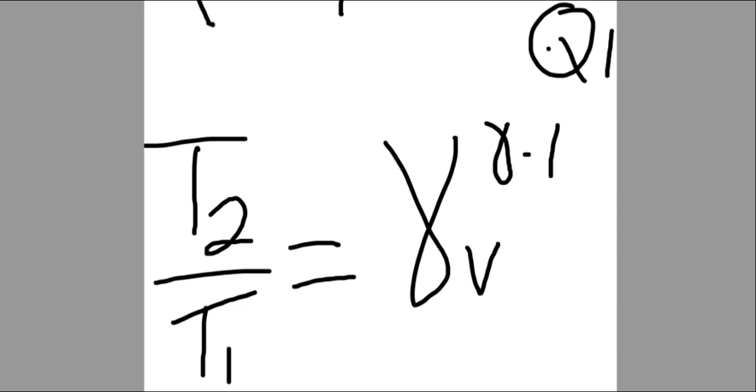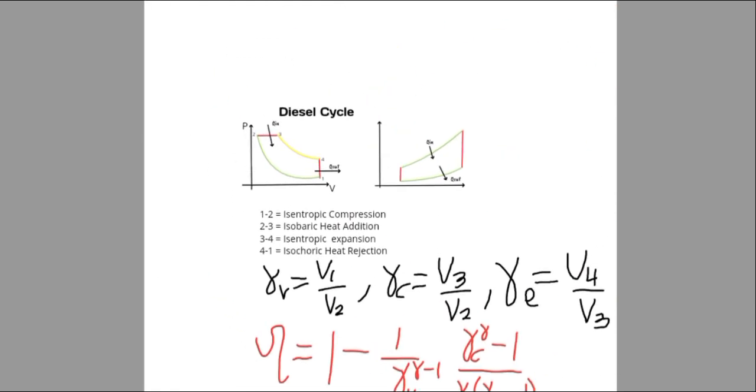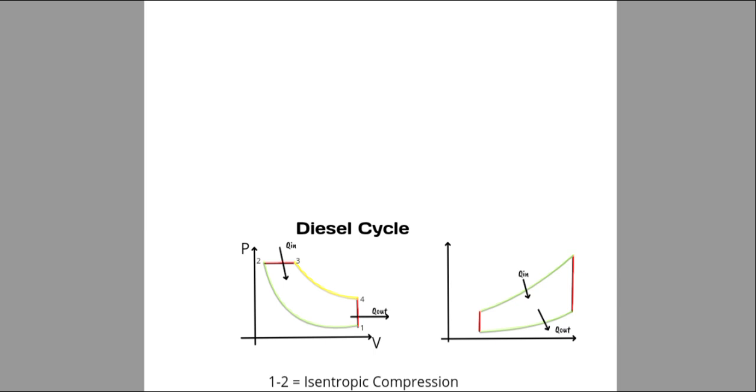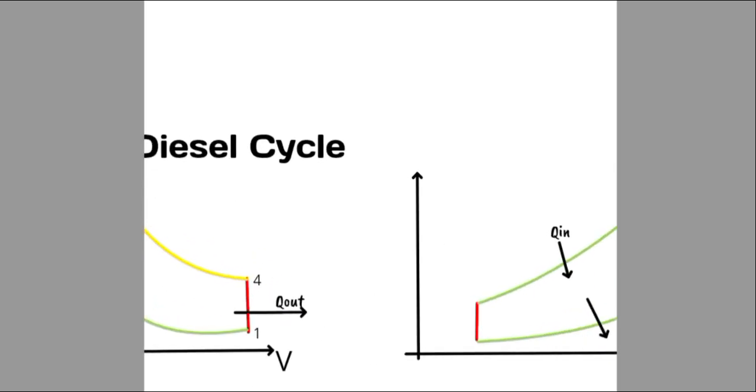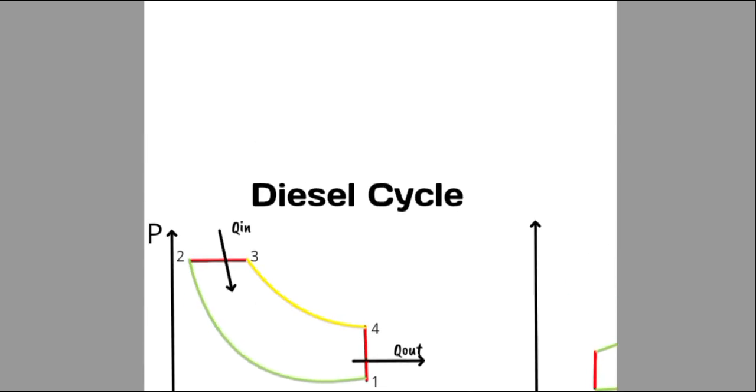And also, if we continue from this place, we can look at our diagram here, whereby we have our Q in, our constant pressure between 1 and 2, between 2 and 3, our constant pressure process.